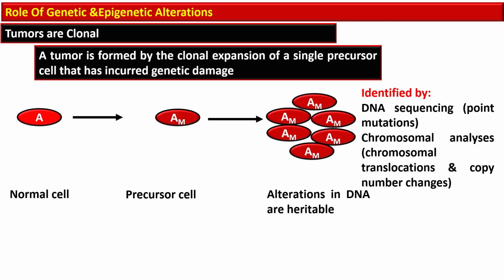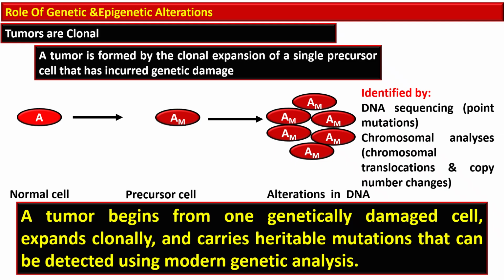These chromosomal analyses may reveal chromosomal translocations, where a piece of chromosome breaks and attaches elsewhere, or they may reveal copy number changes: duplication of genes, or deletion of the genes or an entire region of the gene.